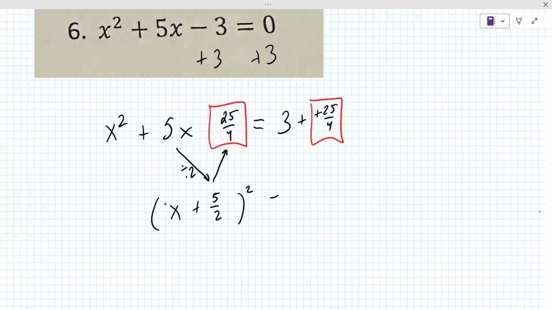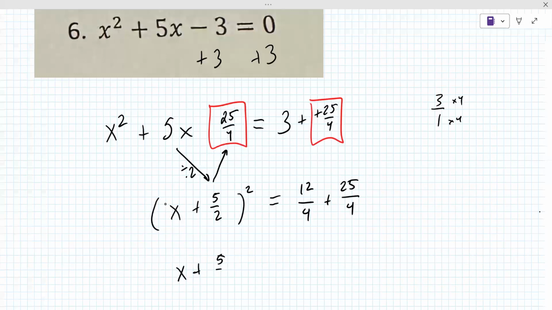Okay, so this is where you've got to think, what's 3? 3 is 12/4. It's really 12/4 plus 25/4. And then x plus 5 halves equals the square root of 37/4.